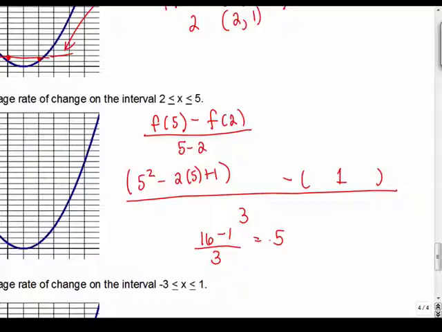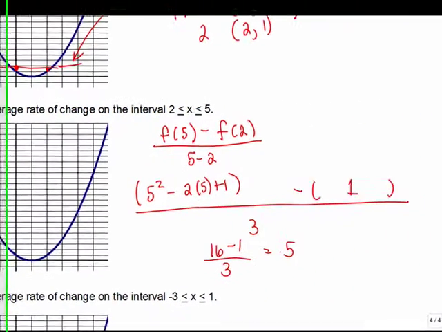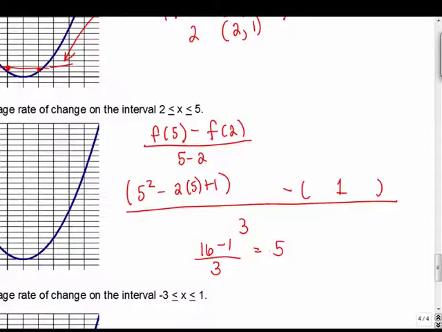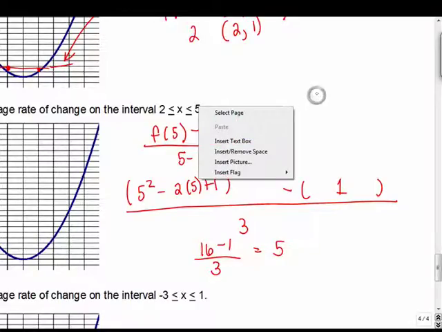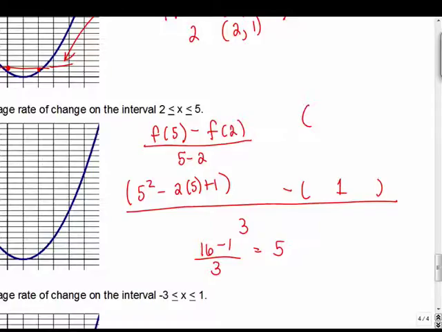So that tells me that I'm going to be graphing again the slope of a line, and this one should have a positive slope. Now the question is, what 2 points? Well, my points are going to be 2, comma, and 5, comma. So let's see, it's 2, comma 1, and then it's going to be 5, comma 16.